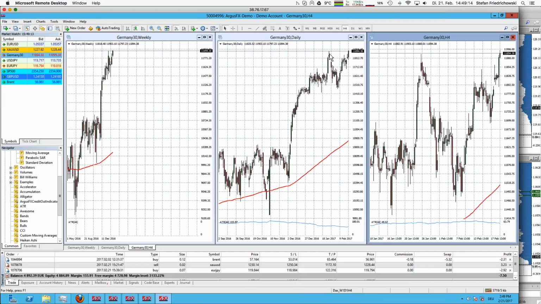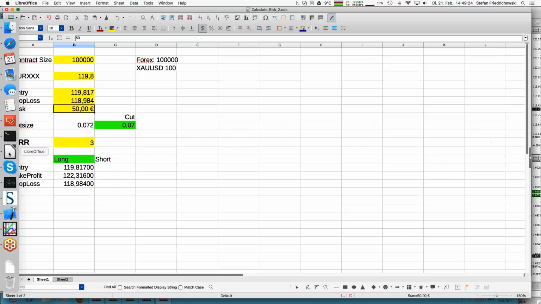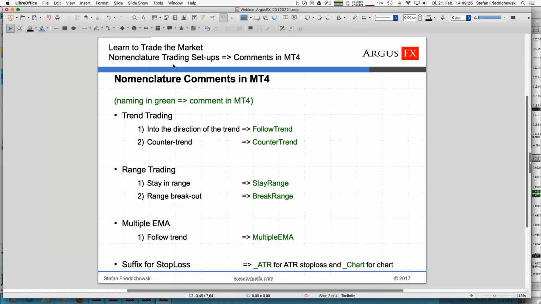So it does not look that bad to say, okay, we know the trend is upwards, no question. But remember our kinds of setups. Let me go through those slides. Within our trend trading setup, we found one subcase: countertrend.